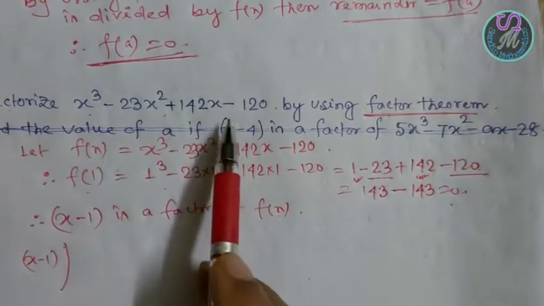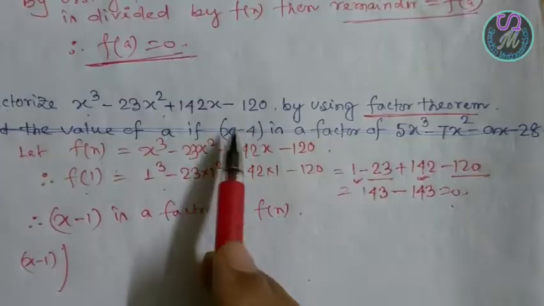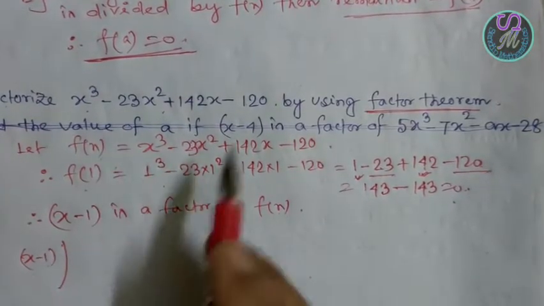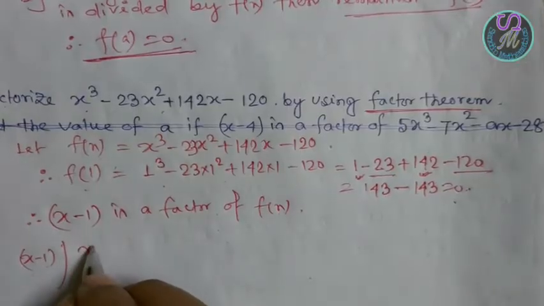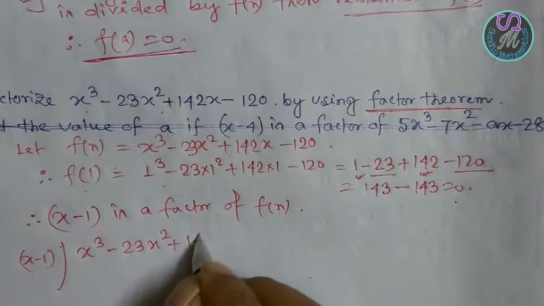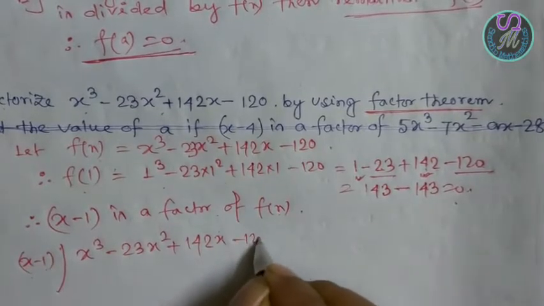If the function is not given in decreasing order, then at first we have to write it in decreasing order. Here it is already in decreasing order, so this is x cube minus 23x square plus 142x minus 120.